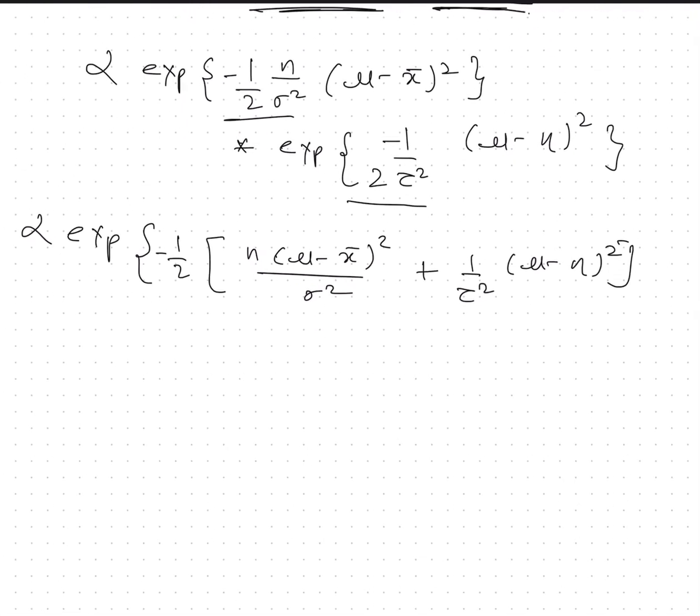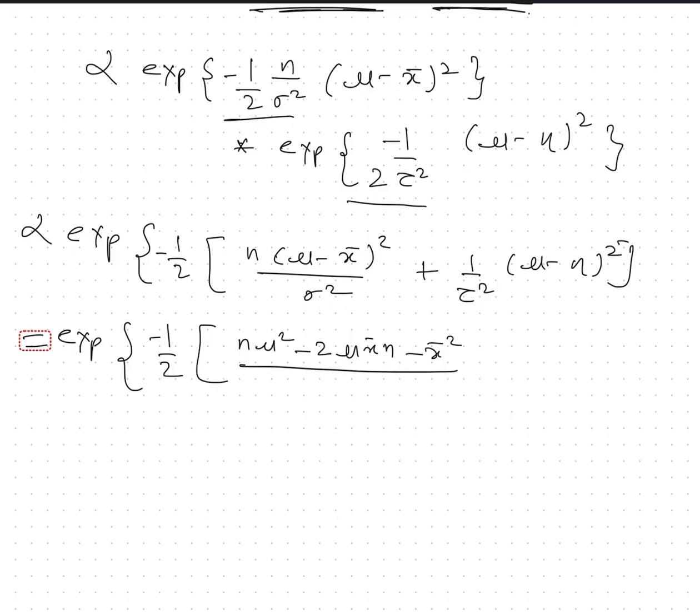Now expanding this further, we have n into mu square minus twice mu x bar plus x bar square, upon sigma square, plus mu square minus twice mu eta plus eta square, upon tau square.